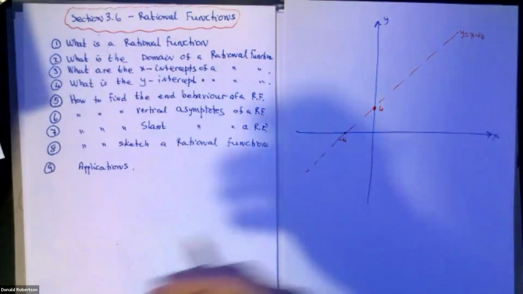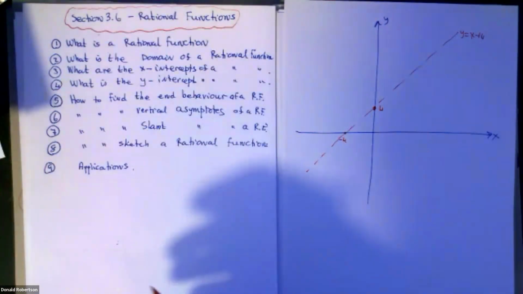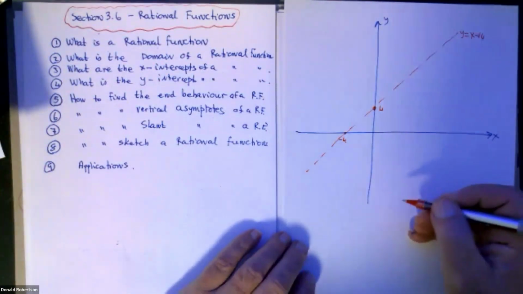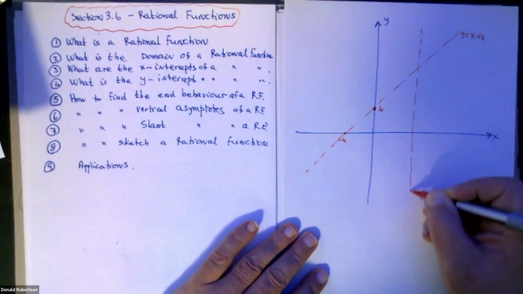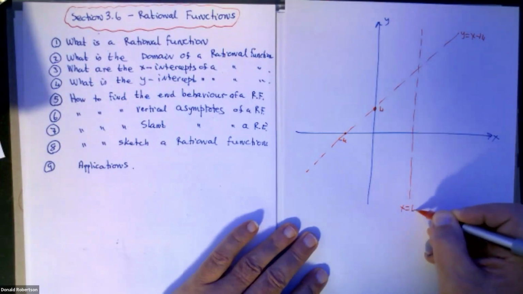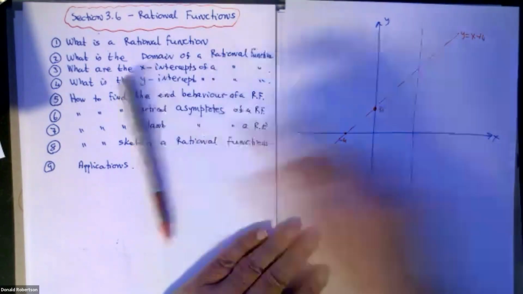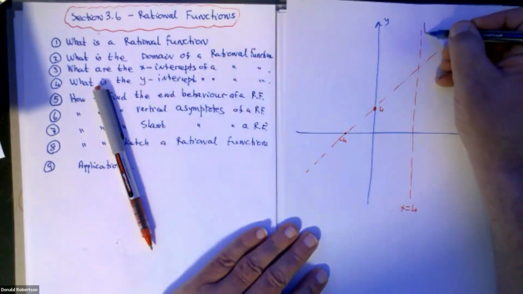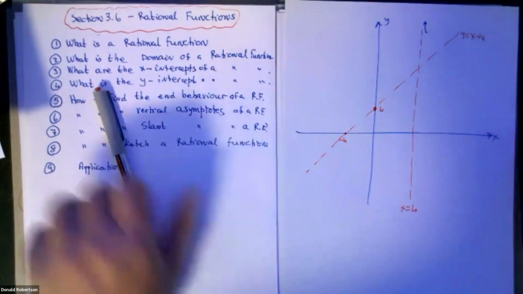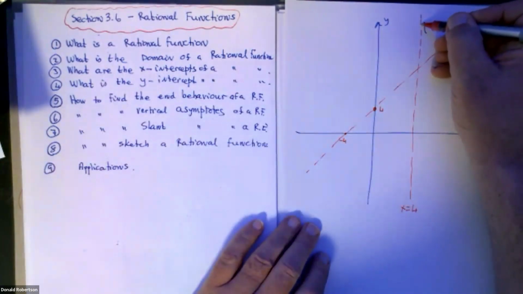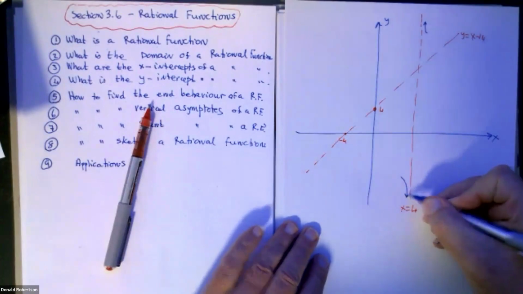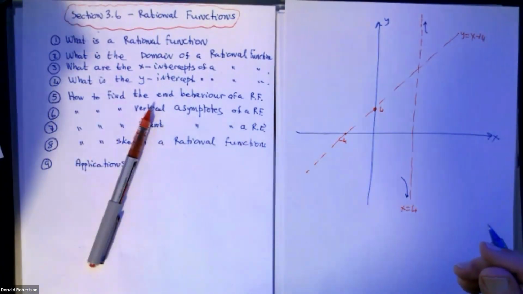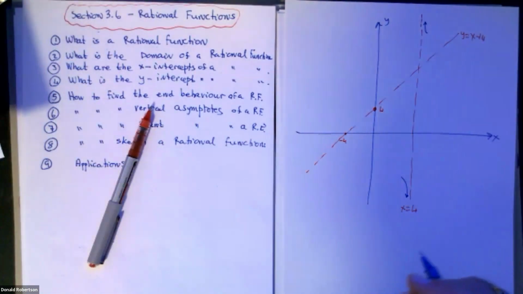I have a vertical asymptote at x equals 4, and it had a shape. It goes up there, like that, and on this side it was down here like that.